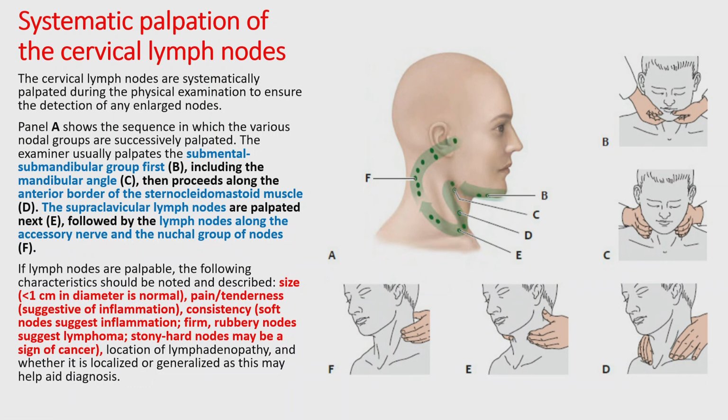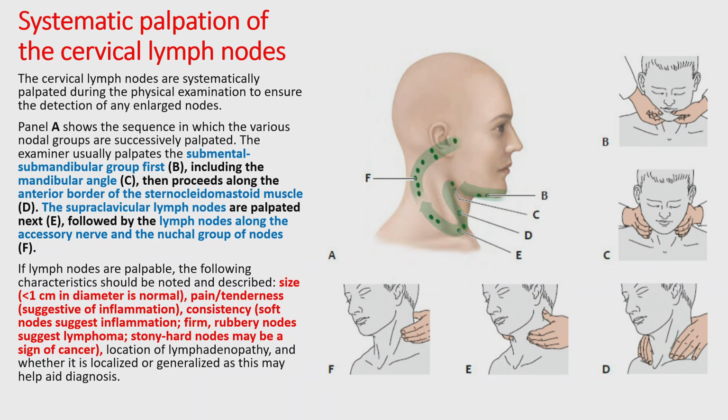So somehow good news. If the consistency is soft and rubbery, it's lymphoma, a direct tumor of the lymph nodes. If it's hard, fixed, doesn't move, and is very hard, it's a sign of cancer.